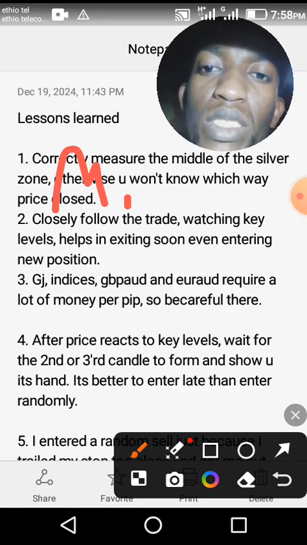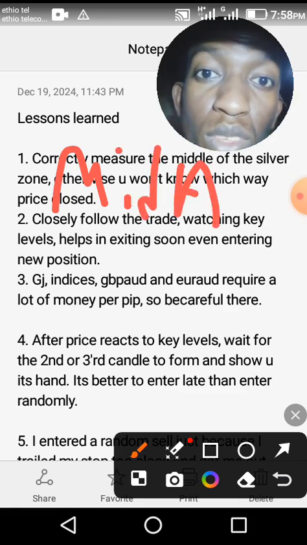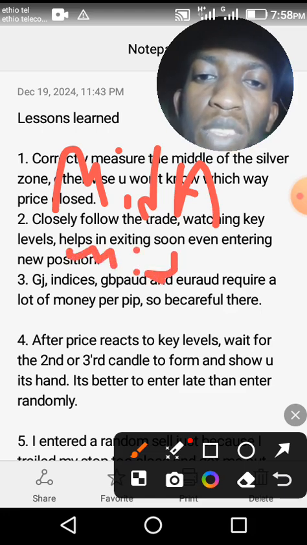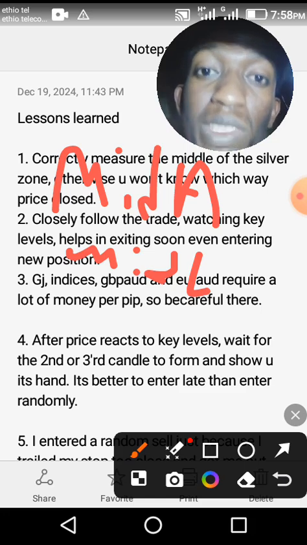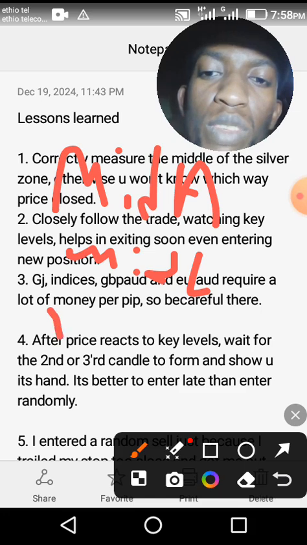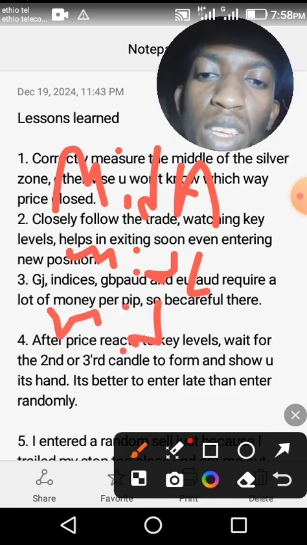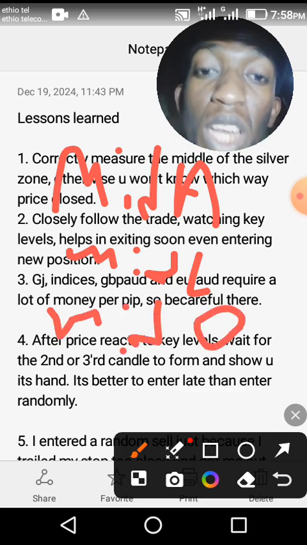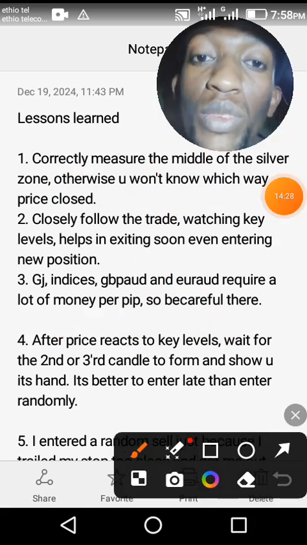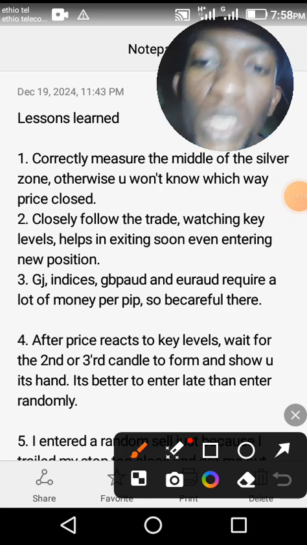The mid axis, which is the middle line of the silver zone, and the middle line of the black box gap, and we have the mid ordinate. The mid ordinate is the middle line of the third model's leg. You want to watch what price wants to do there, right?